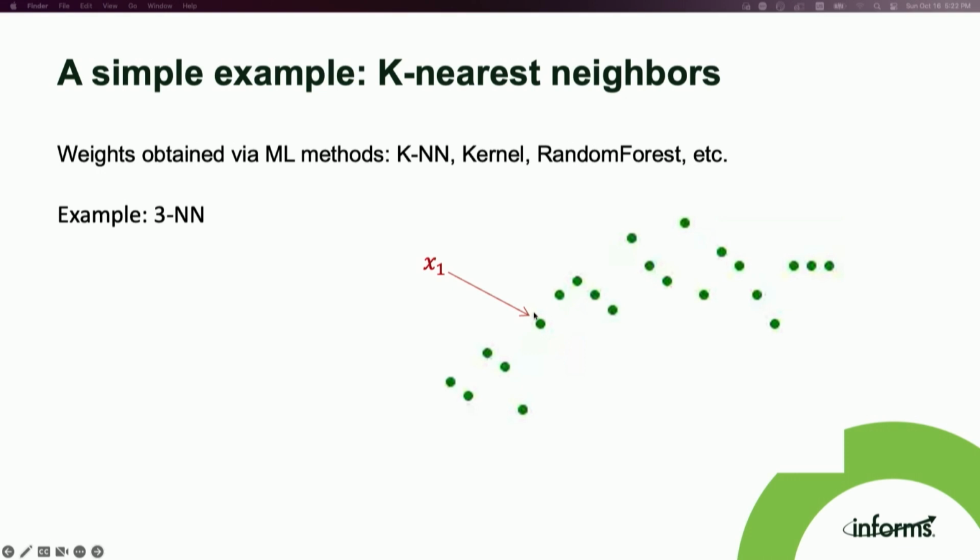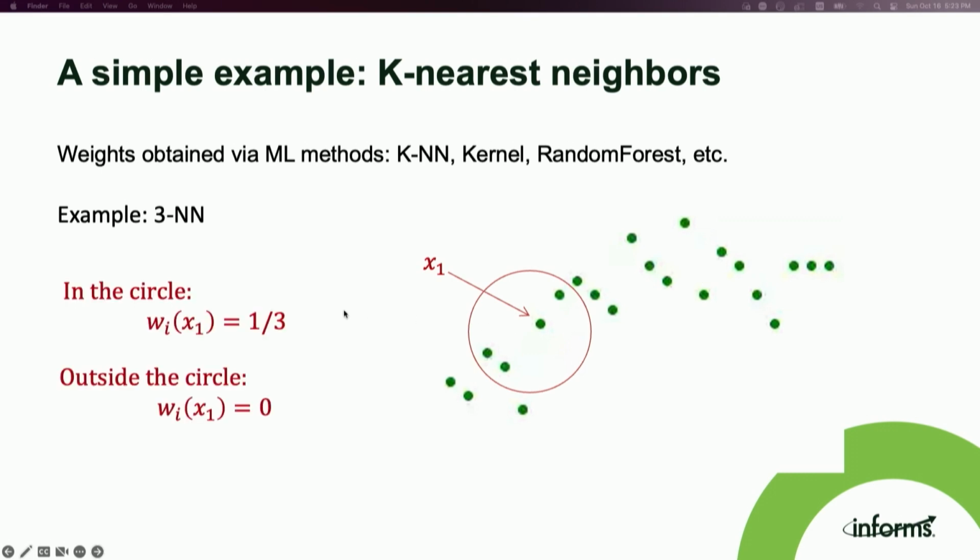And we want to calculate a distributional prediction given that feature, given x1. So how do we assign weights to the collected data points? We draw this circle that covers the 3 nearest neighbors, and we assign weights in the following manner. For the data points inside the circle, we assign 1/3.